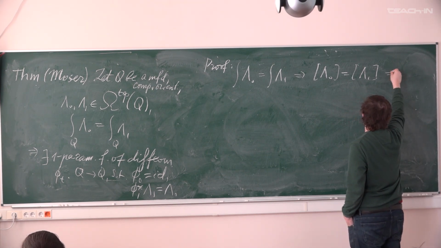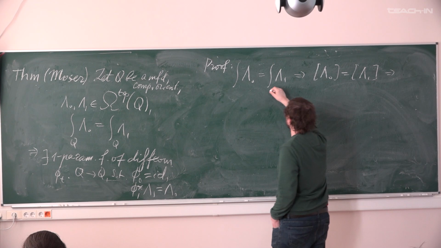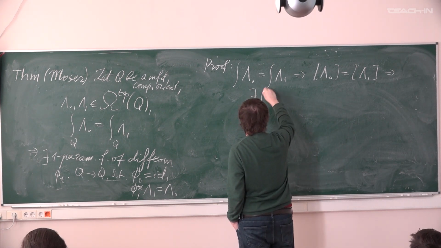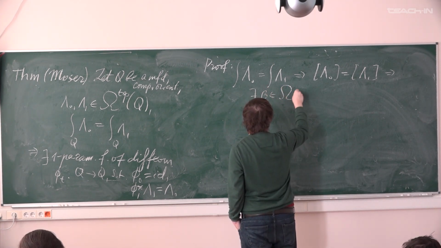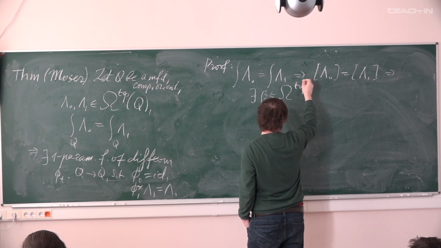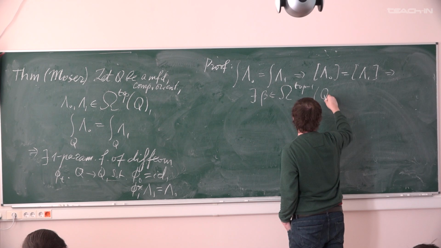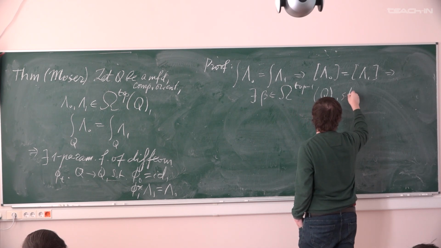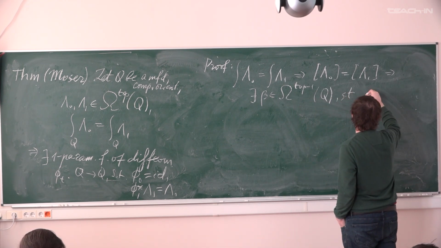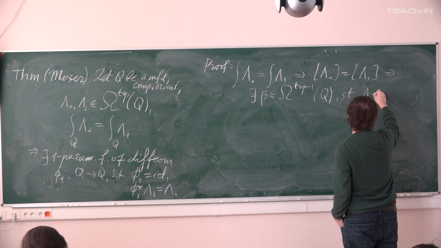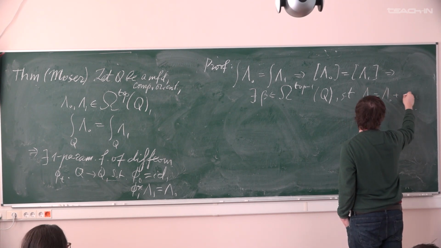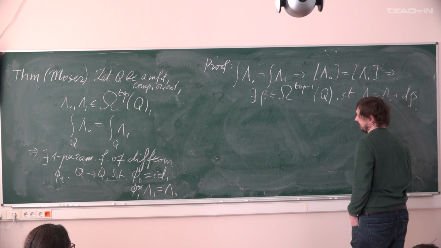And hence, there exists beta in the top minus 1 degree differential forms on Q, such that lambda 1 is equal to lambda 0 plus d beta, right?